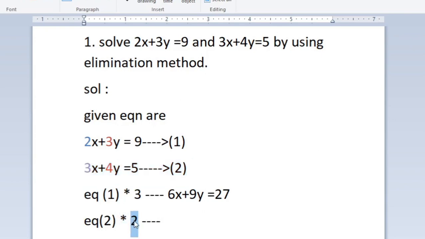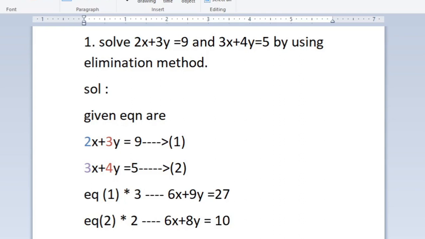Okay. Then this 3 into this 2 gives 6x. Then y term, this 4 into 2 becomes 8. The variable is y, 8y. Then come to RHS. This 5 into this 2 becomes 10.